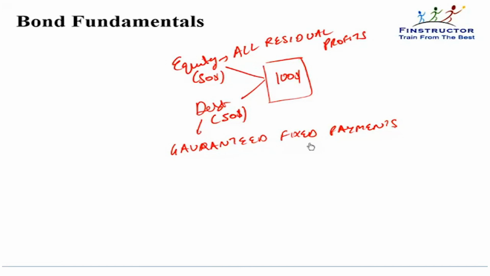So these fixed payments are defined in terms of the coupon rate, that is paid as a percentage of par value, and the time to maturity, that is the time at which the par value or the principal amount will be returned.